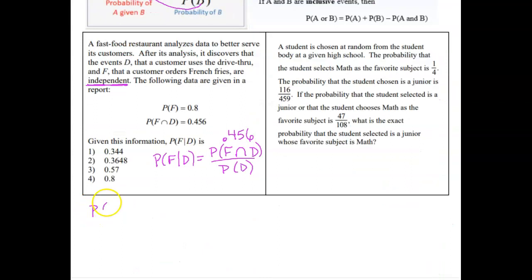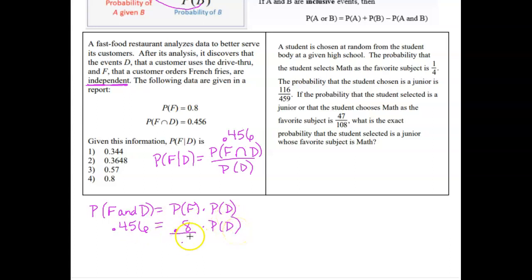So the probability of French fries and drive-thru is equal to the probability of French fries times the probability of the drive-thru. So we know F and D. We know F, and so we can find P of D, okay?